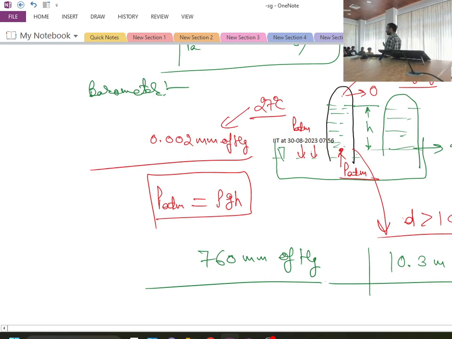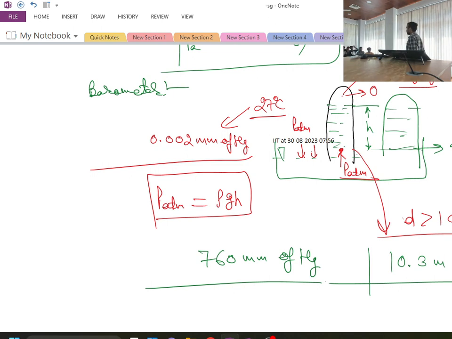So if you use water for your barometer, you need a tube of more than 10.3 meters, and only then will you be able to find out. So you can clearly see the reason for choosing mercury for different pressure measurement devices.